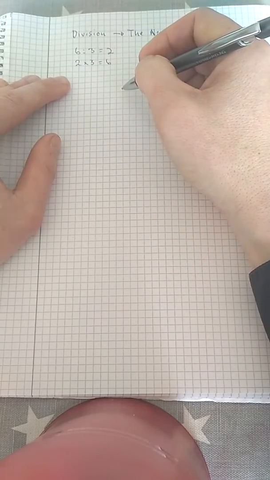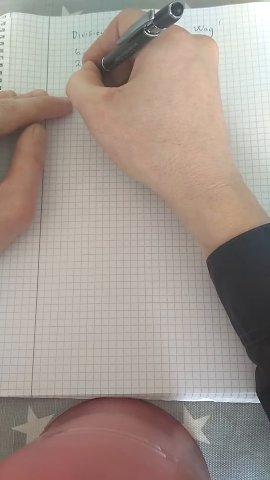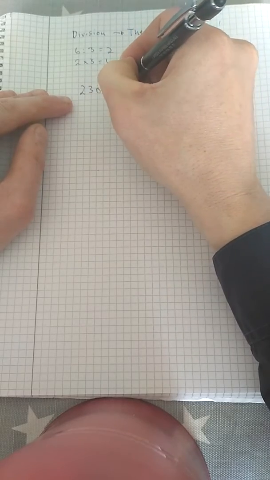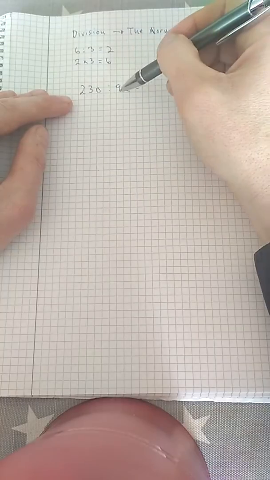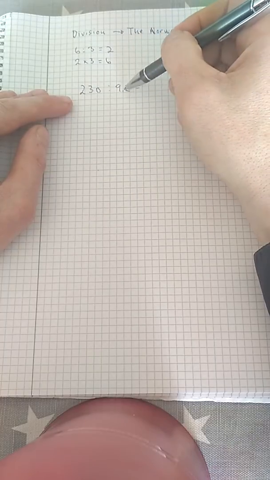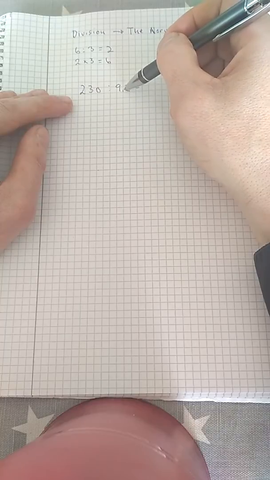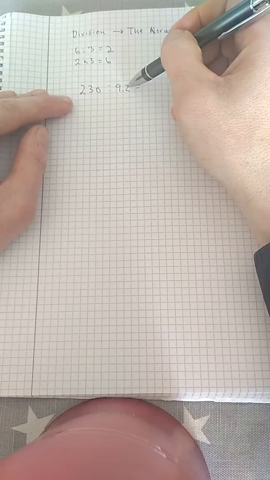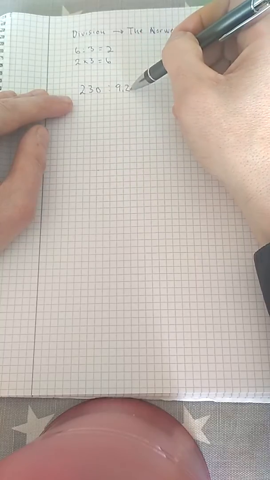So let's get started. Let's start with this number 230, and you divide it by 9.2. The way we have worked with division before is that you have to take away the decimal in the divisor, but in this way you don't need to do it.